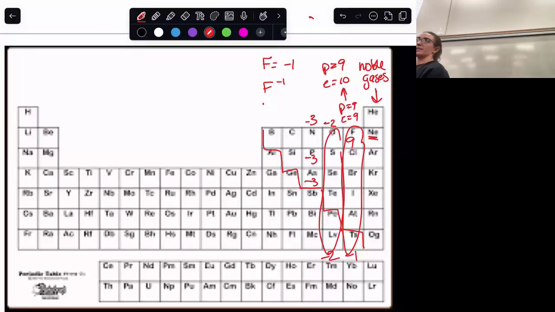Carbon is where that differentiates. This can either be a +4 or a -4, depending on which way you're coming from and the type of chemistry you're doing. But if you remember -1, -2, -3, those are the big 3 that you need to remember on the non-metal side of it.